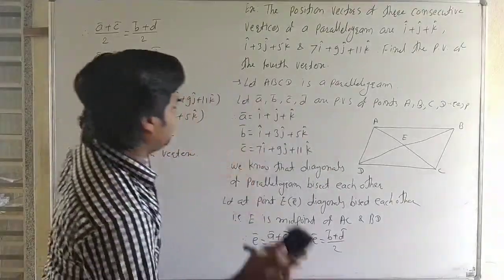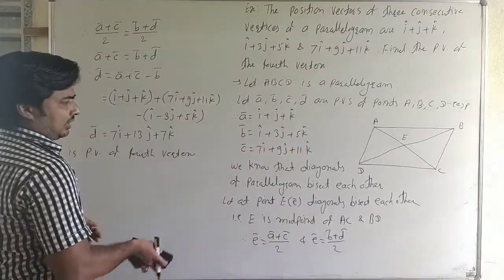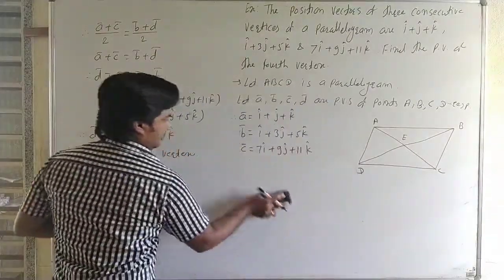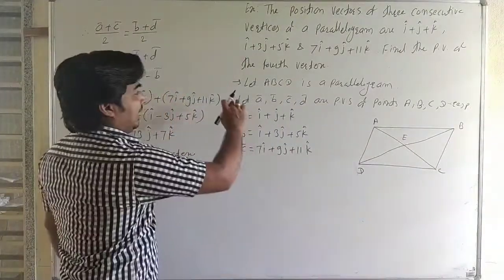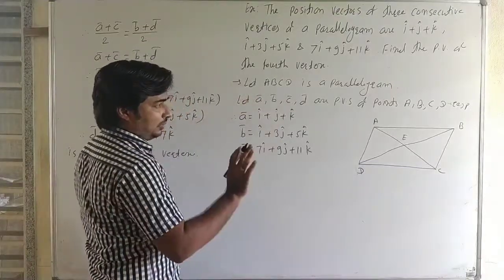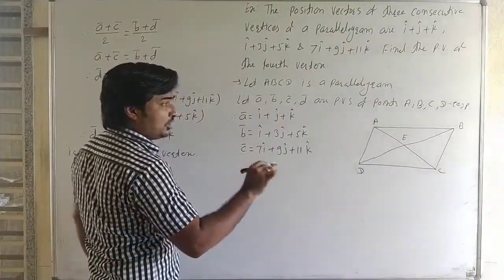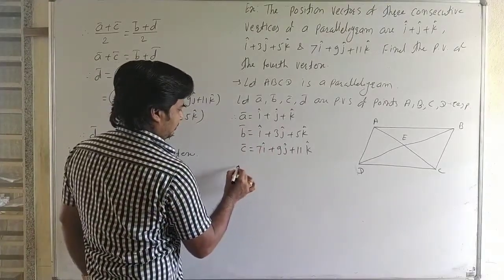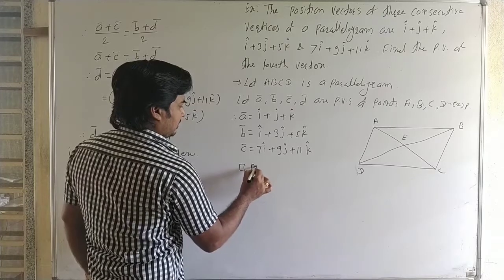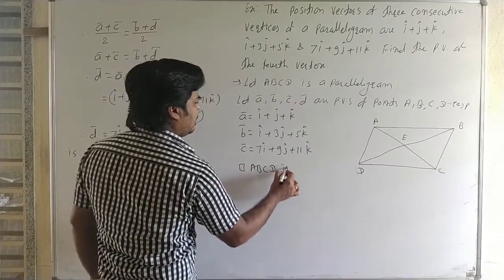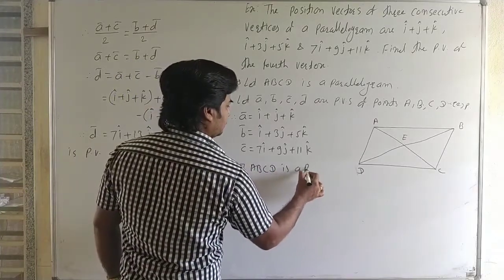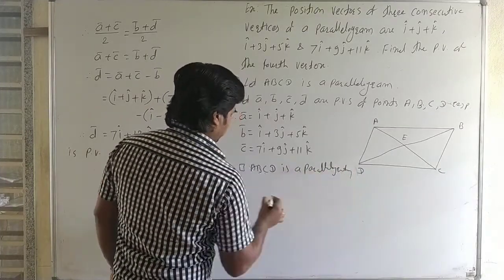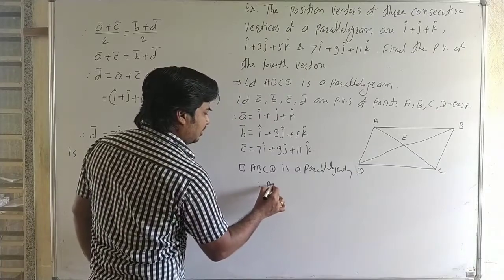This example can also be solved by another method. Here ABCD is a parallelogram, therefore opposite sides are equal and parallel.